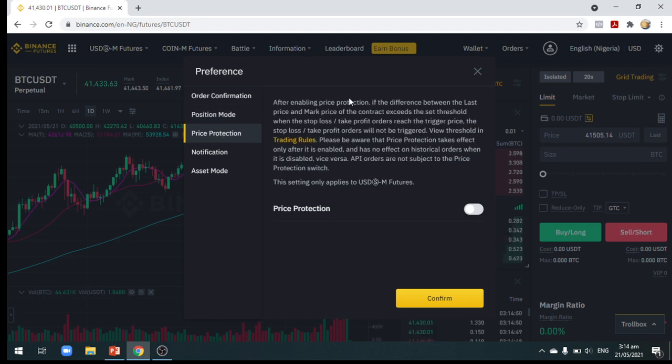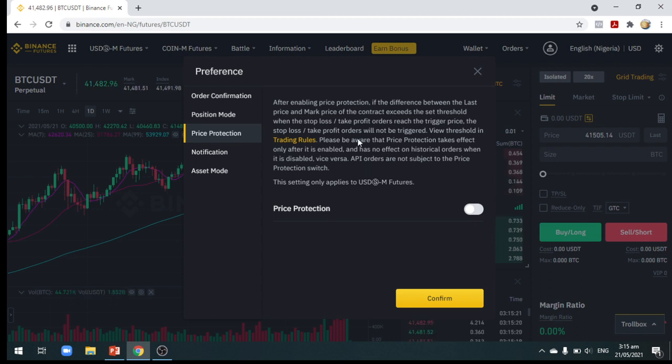protection. So price protection allows you to protect the price against unfavorable fluctuations that happen in the price. So basically, if the difference between the last price and the mark price of the contract exceeds the set threshold, when the stop loss or take profit orders reach the trigger price, the stop loss or take profit orders will not be triggered.